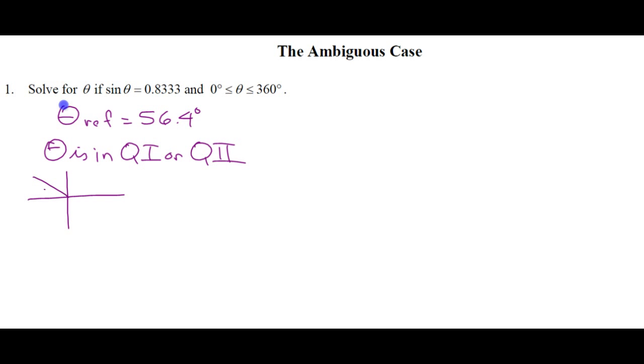And the quadrant 2 angle, this is 56.4 degrees, and the other angle is going to be 180 minus 56.4, which is 123.6.